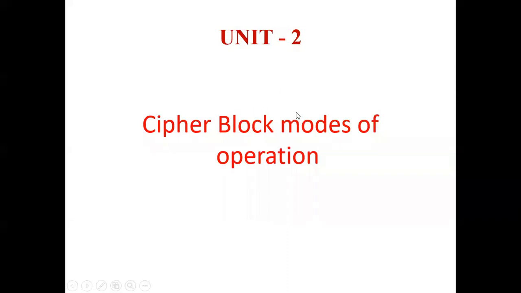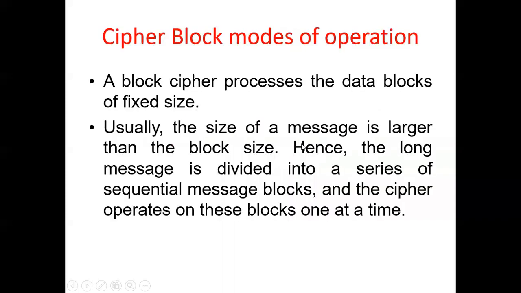Good evening to all. Today we are going to discuss cipher block modes of operation in Unit 2. In cipher block modes of operation, the block cipher processes data blocks of fixed size.